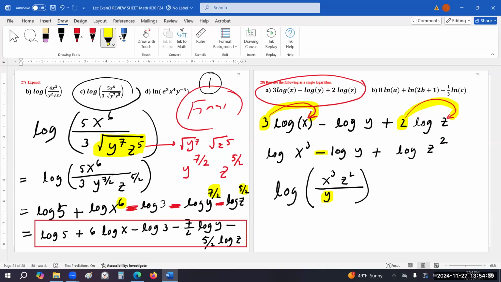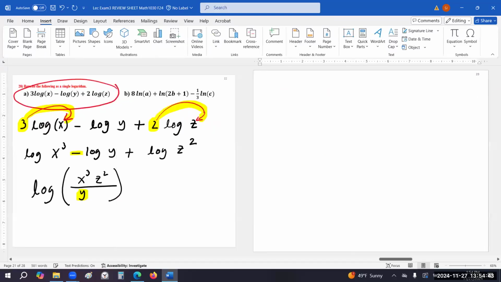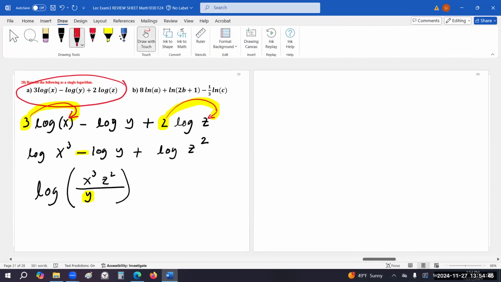For example, let me make up one of them. Something like, let's say, log x squared minus log z cubed plus log y to the 5 minus log 7. See the combination: plus, minus, plus, minus.